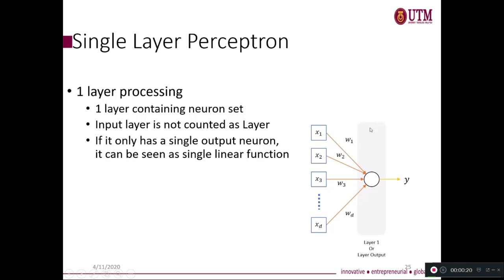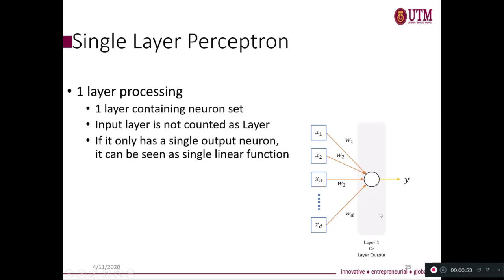This layer is the final layer before you get the output. Of course, this is not Y, this should be Y hat. I'm sorry about the notations there. Once the layer produces the final output, that is also known as the output layer.